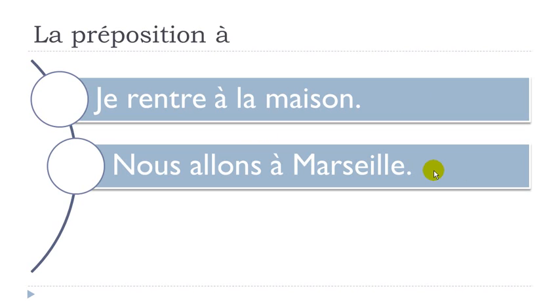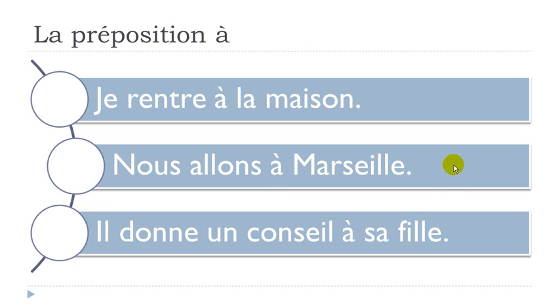So we go to, and in that case you should use this preposition à. Then, il donne un conseil, donner is to give, un conseil, an advice, so he gives an advice à sa fille, to his daughter. In that case you should also use this preposition à. So: je rentre à la maison, nous allons à Marseille, il donne un conseil à sa fille.